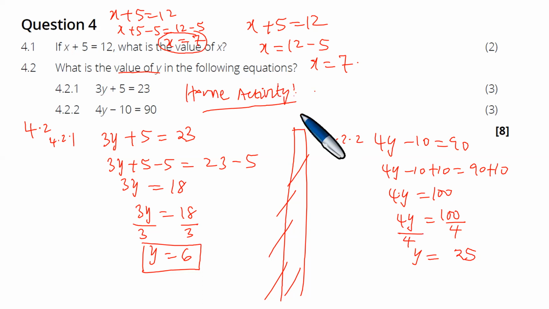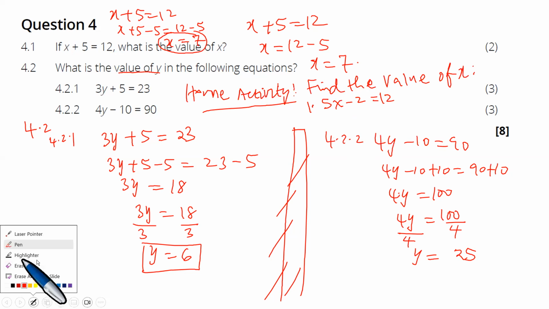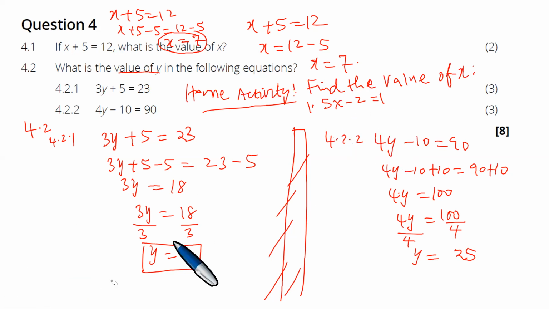The home activity will be: find the value of x. So you'd have 5x minus 2 equals 13.